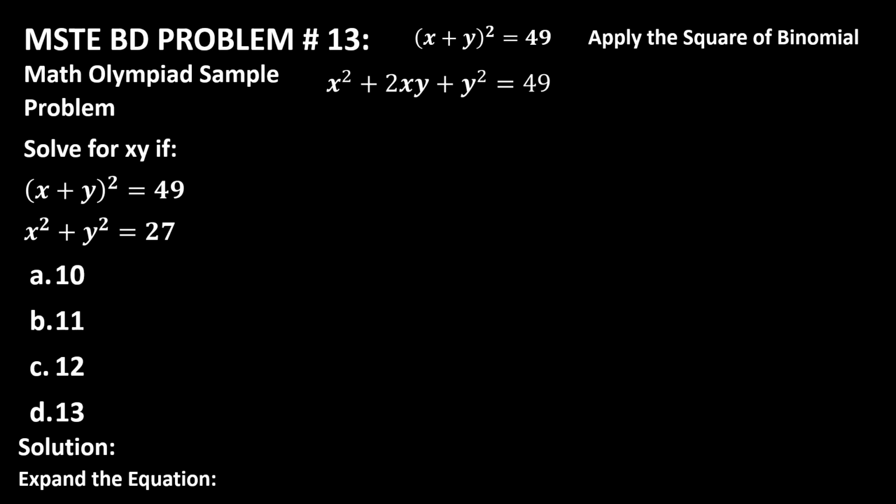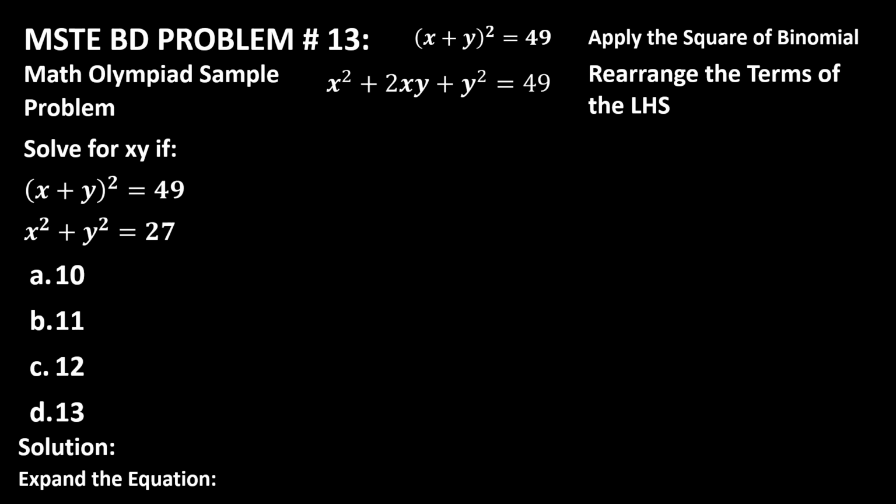Applying that principle, if we square the first term x, we have x squared, and then twice the product of the first and the last term, x and y, gives 2xy, and then the last step is to square the last term, which is y. That's why we have y squared. Now our equation is x squared plus 2xy plus y squared equals 49.